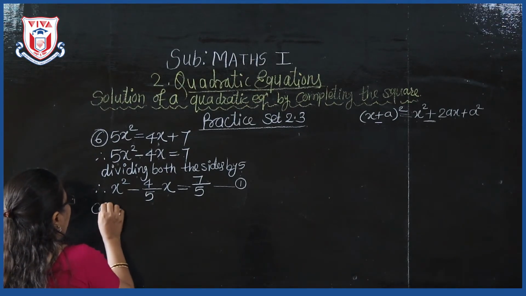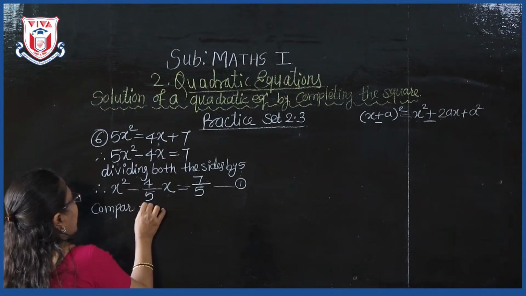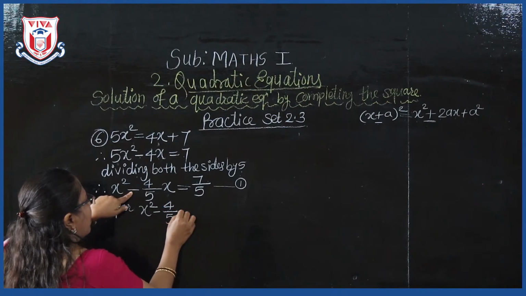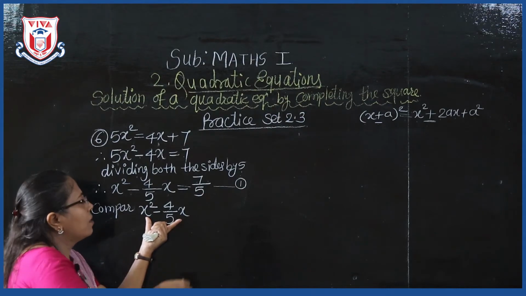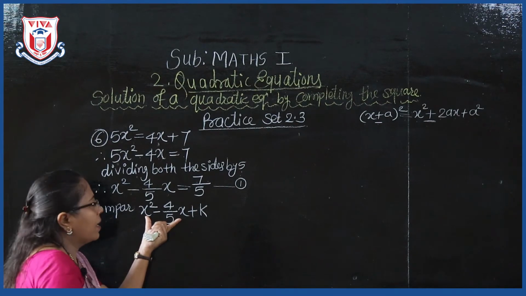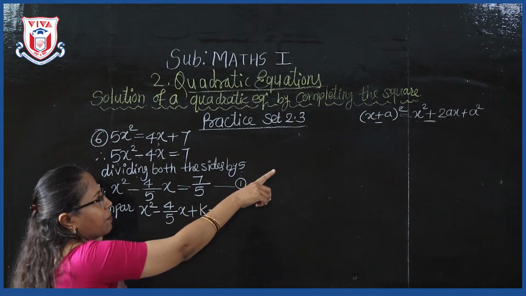So for that we have to compare x square minus 4 upon 5x. To make the complete square, what we have to do? We have to add the third term k. This expansion we have to compare with that expansion.